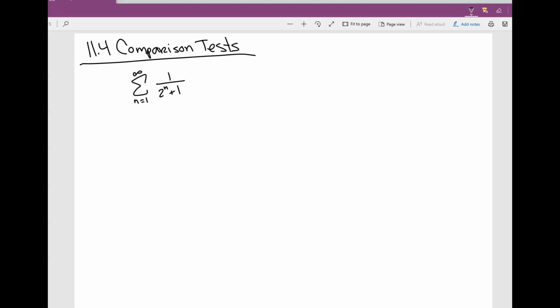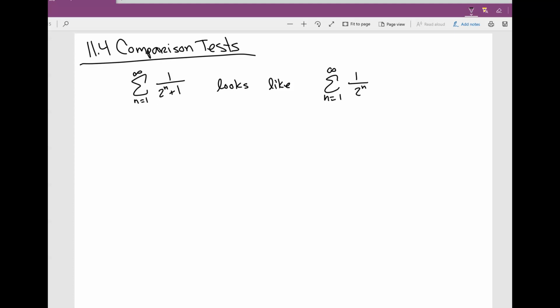But it does look like a geometric series. So maybe this looks like the sum from n goes from 1 to infinity of 1 over 2 to the n.